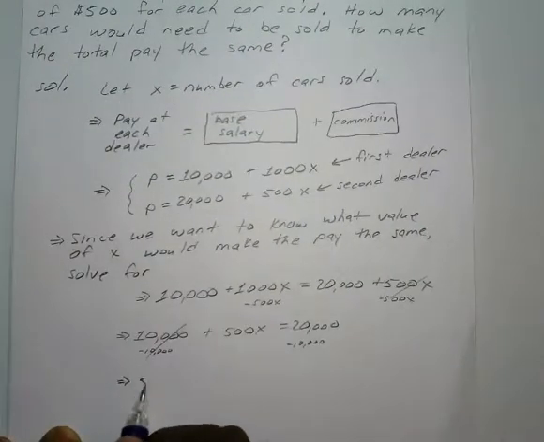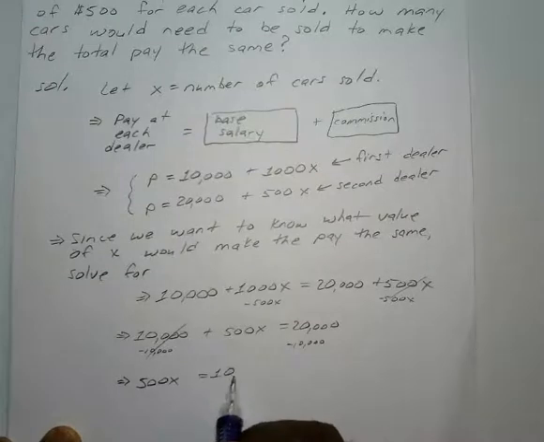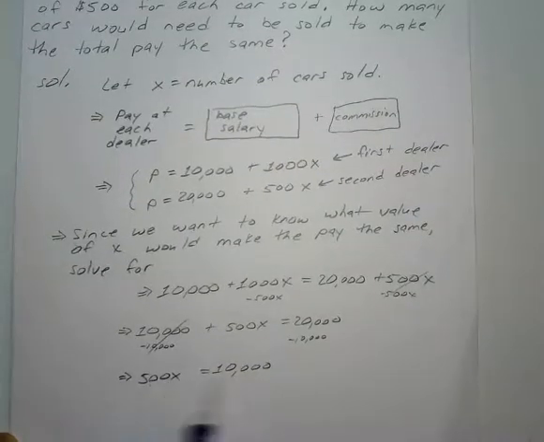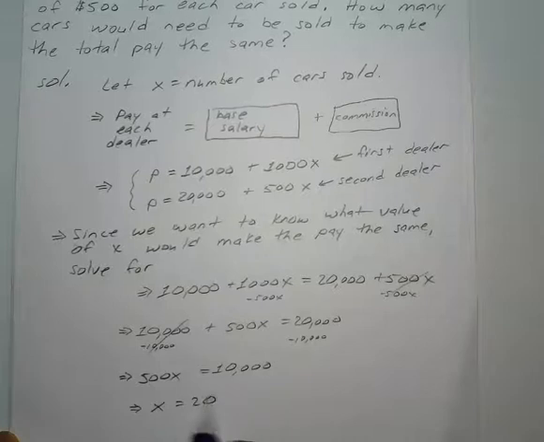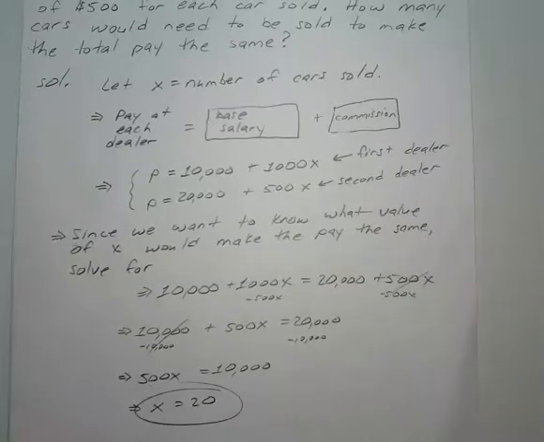And that leaves us with 500X equals 10,000. So if we divide both sides by 500, we end up with X equals 20. So you would have to sell 20 cars at either dealership for the pay to be the same.